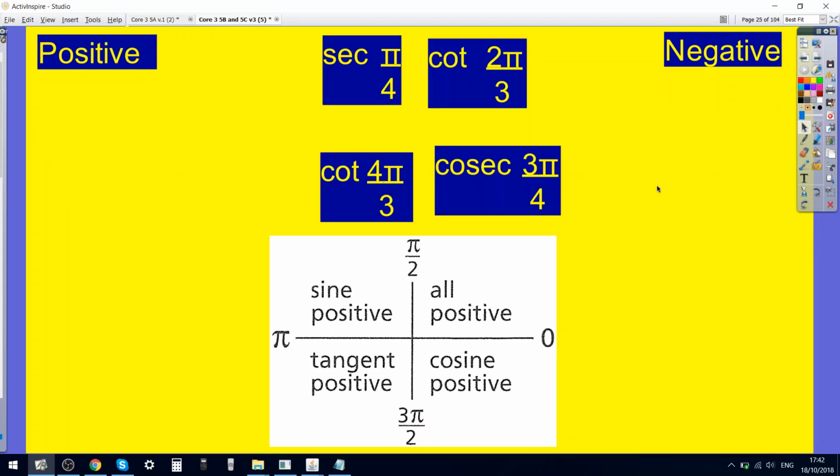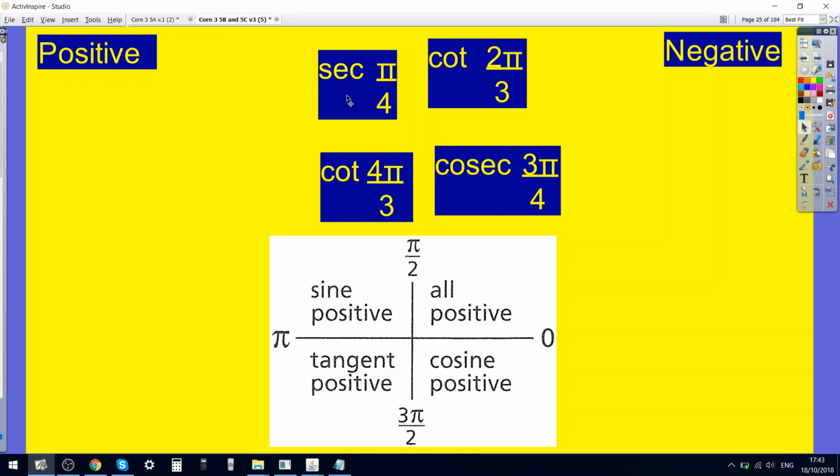Okay, radians. I don't know these off my head. Am I allowed to use a calculator or not? Try to not use a calculator. So a quarter pi. Okay, pi is 180, so a quarter pi would be 180 divided by 4.